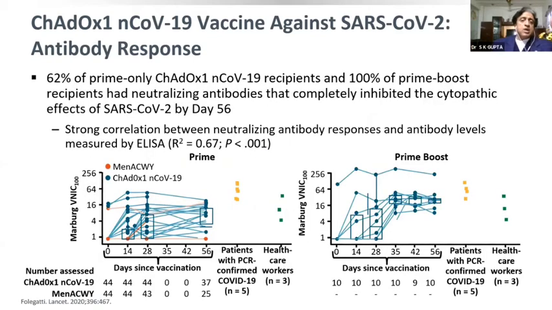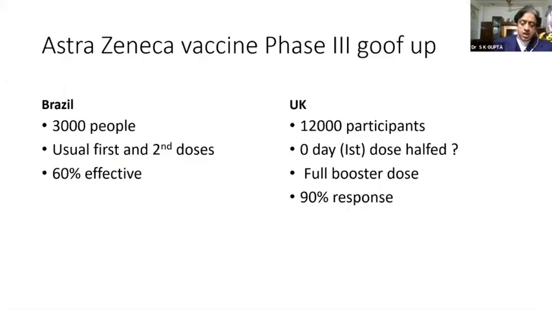Now let us come to the most important aspect, that is the efficacy of the vaccine, the antibody response to this vaccine. The vaccine showed an efficacy of 62% in the patients in the form of neutralizing antibodies, as well as in the form of binding antibodies. 62% in the current scenario is a pretty low antibody response.